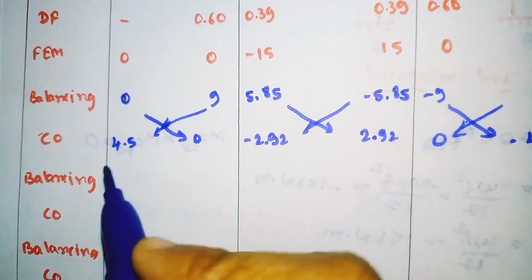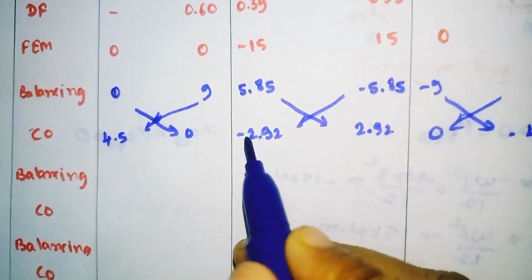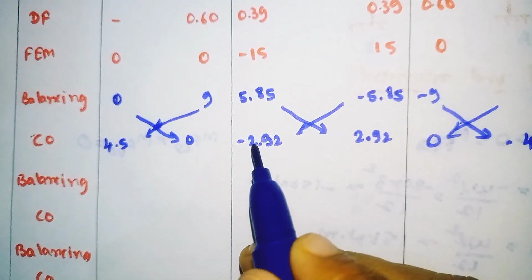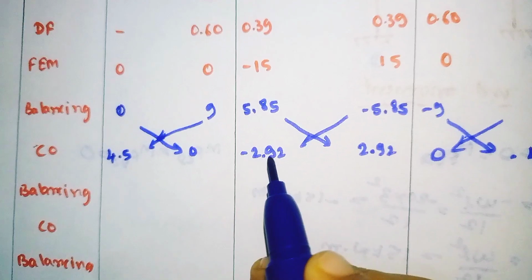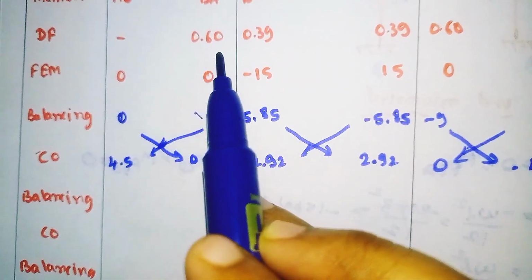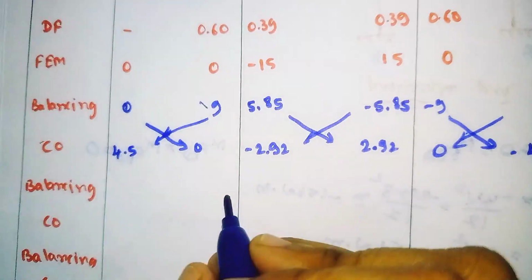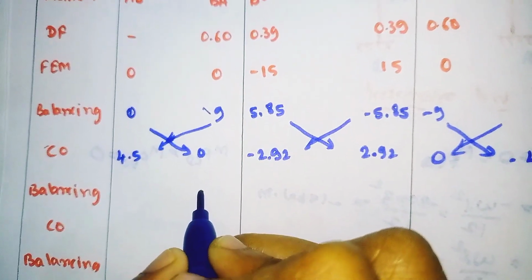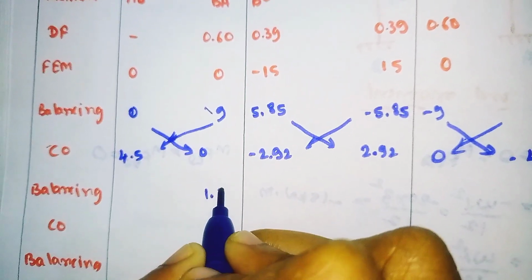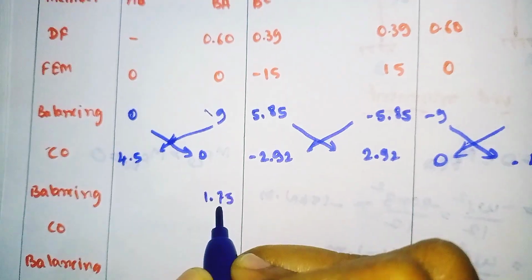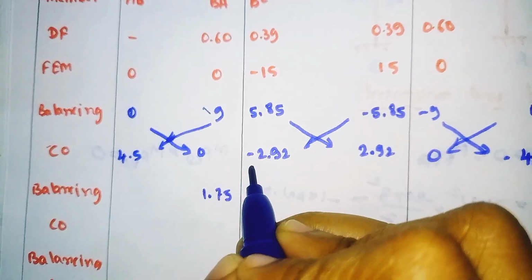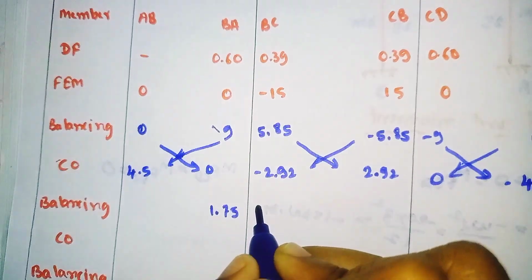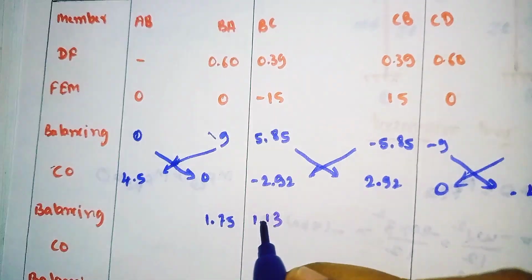So I'm doing balancing same, minus 2.92, it will become positive 2.92, then multiply 2.92 into this 0.60, then it becomes positive 1.75. And here also 2.92 into 0.39, it will come 1.13.